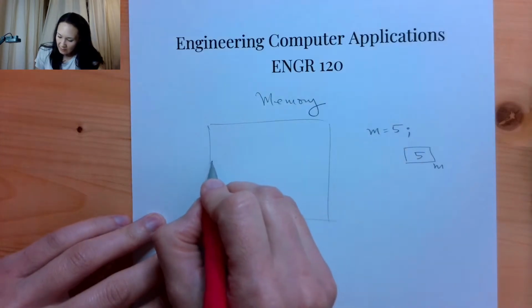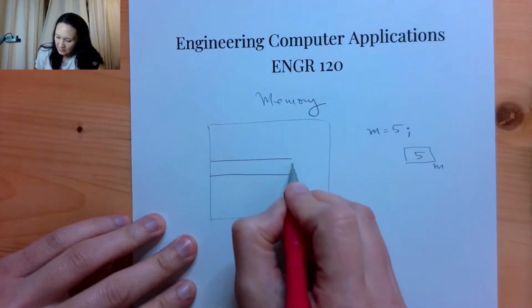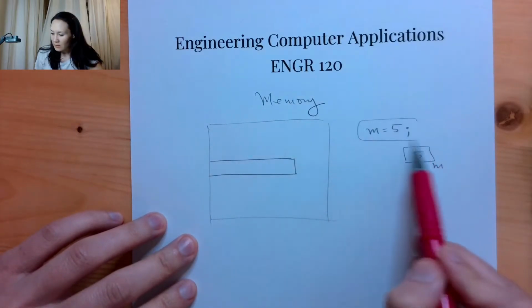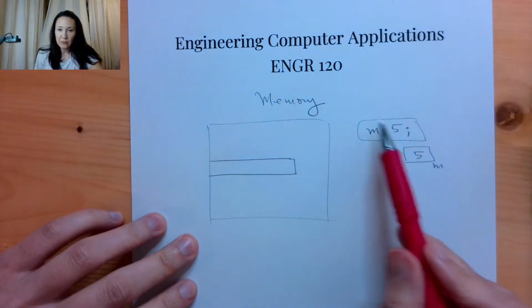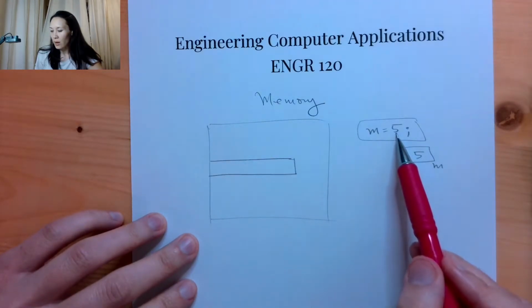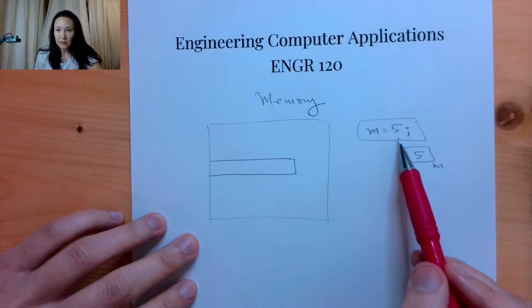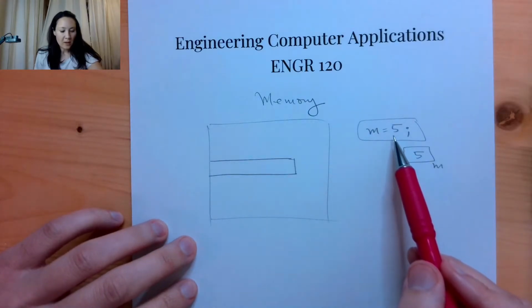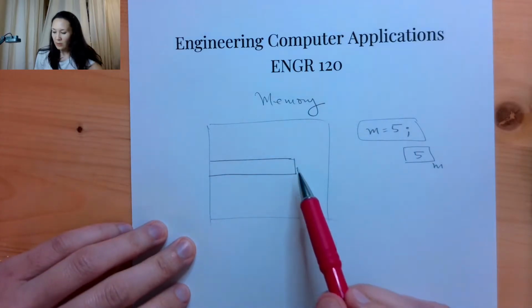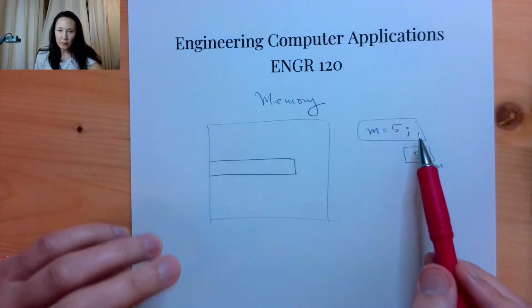So what's going to happen is in memory, MATLAB's going to grab a chunk of this. And it knows from this line of code that this particular variable m is going to need to store a numerical value, so this is an integer 5. And MATLAB in particular makes what are called doubles instead of integers.